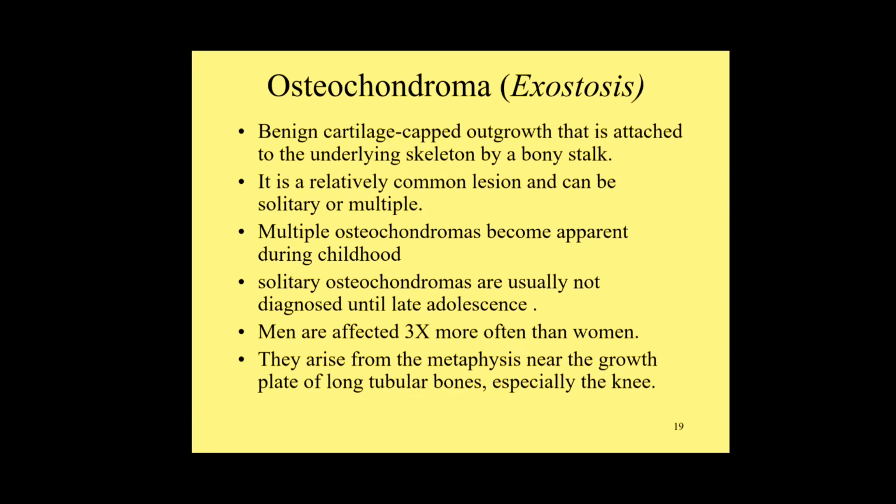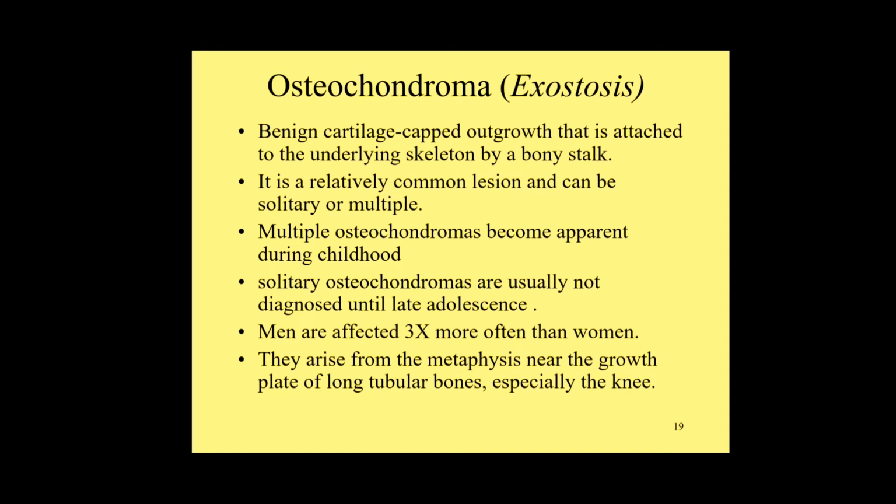Osteochondroma is also known as exostosis, that is, the cartilage protrudes out of the skeleton by a bony stalk. This is a relatively common lesion and can be solitary or multiple. Around 85% is solitary, and if it is multiple, it comes as part of multiple hereditary exostosis syndrome, which is an autosomal dominant hereditary disease.